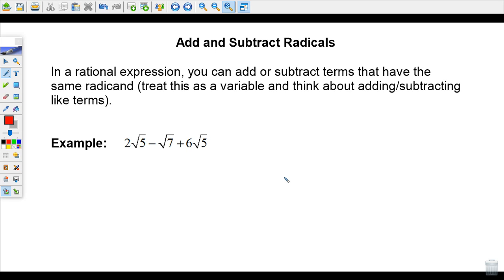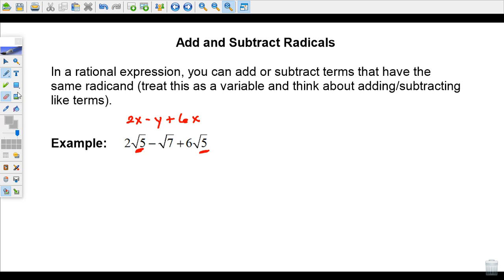So in this expression, notice that the 2 radical 5 and the 6 radical 5 have the same number under the radicand. This would almost be like thinking 2x minus y plus 6x. We know that since the x's are the same, we can add them, but because this one is different, we can't.